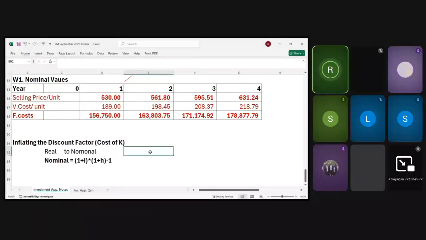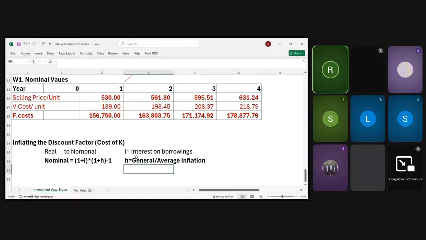What is I? I is interest on borrowings. And H is the general or average inflation.